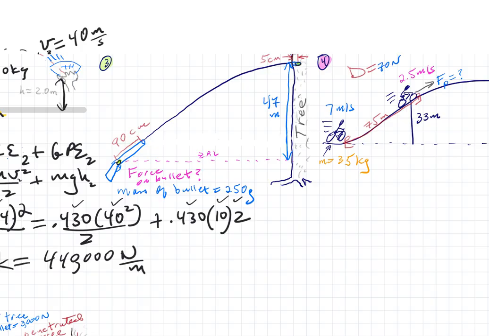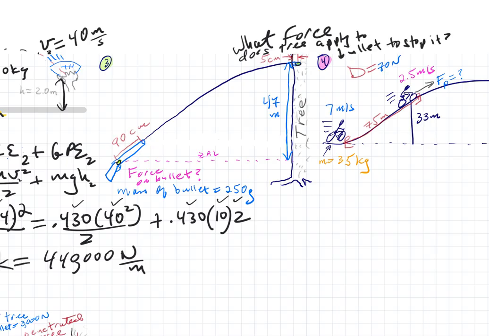So, let me ask you this instead of what I'm asking here. What force does the tree apply to the bullet to stop it? Okay, I should say what average force.